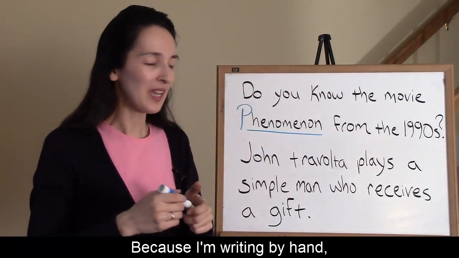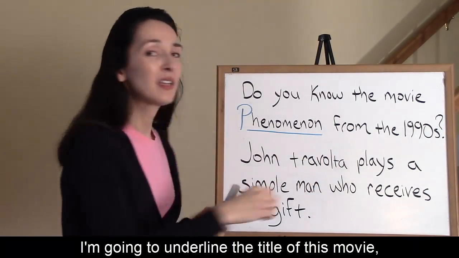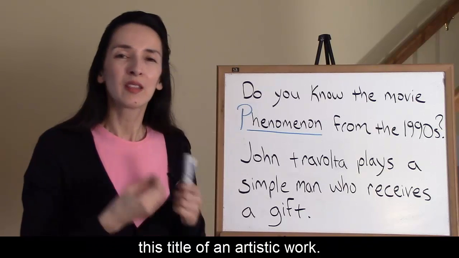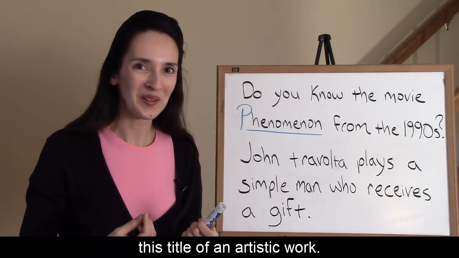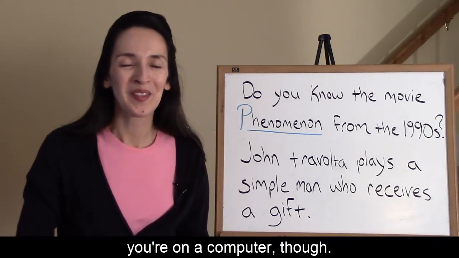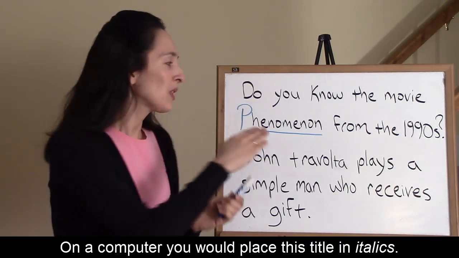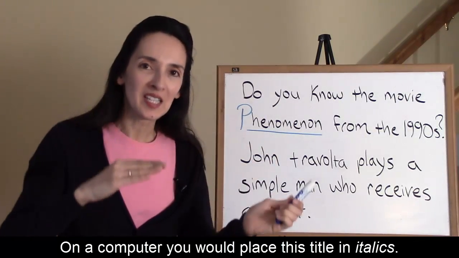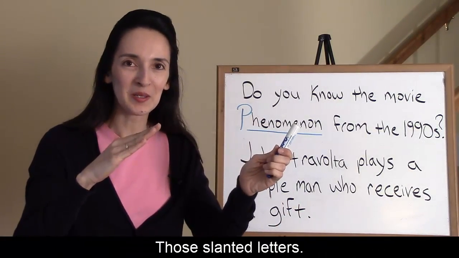Because I'm writing by hand, I'm going to underline the title of this movie, this title of an artistic work. Usually when you write these days, you're on a computer though. On a computer, you would place this title in italics, those slanted letters.